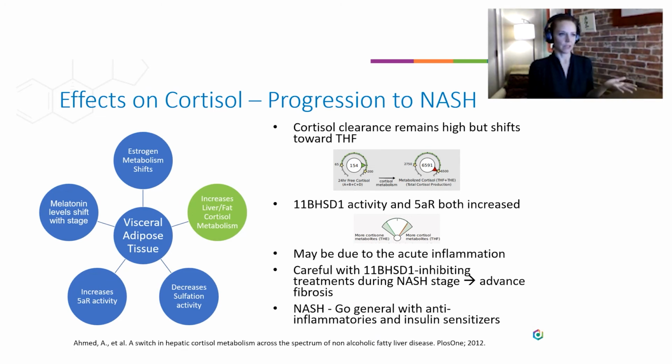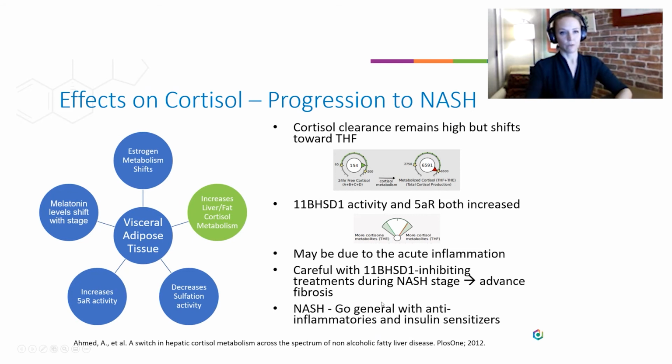Anybody who's used to looking at these fan gauges knows that if you're flopped over to the right in the fan gauge and you're favoring active cortisol THF metabolites, it suggests an acute stress, acute inflammation, acute immune, this is happening. So this is much more consistent with the progression to NASH. And this may just be due to the acute inflammation.